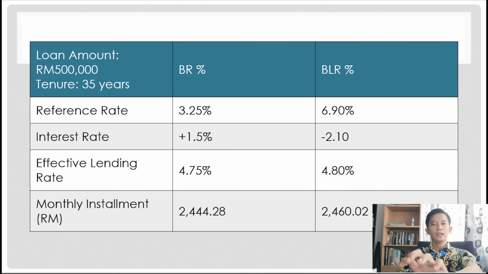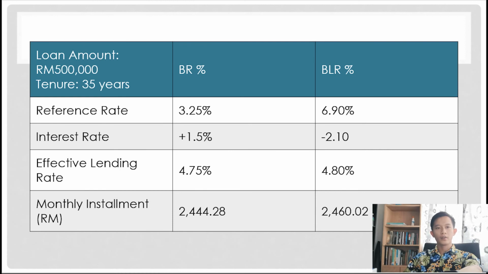Okay, based on this slide, you can see the differentiation between bank rate and base lending rate. The reference rate is the rate provided by the bank. As you can see, BR is formulated by the Central Bank of Malaysia, with a 3.25% reference rate, while BLR has a 6.9% reference rate.